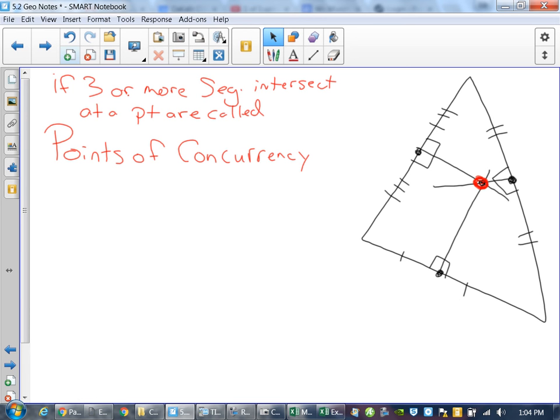It's just where three or more things run into each other. That's it. And since we have a triangle, you can have three perpendicular bisectors, which means three of them run into a spot called a point of concurrency.